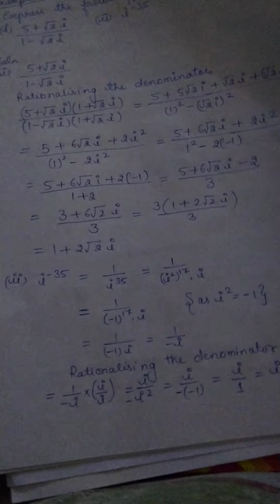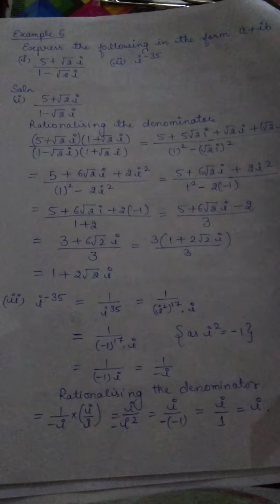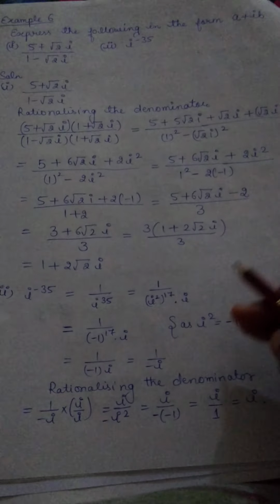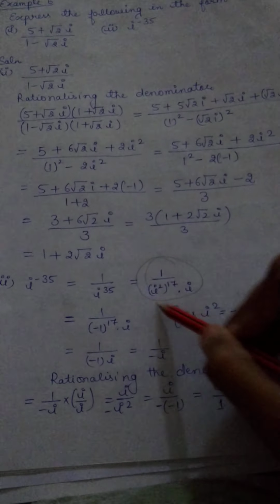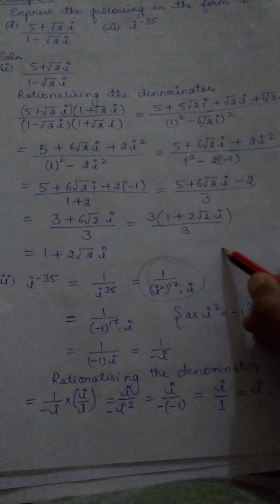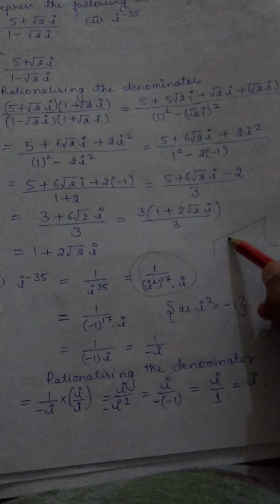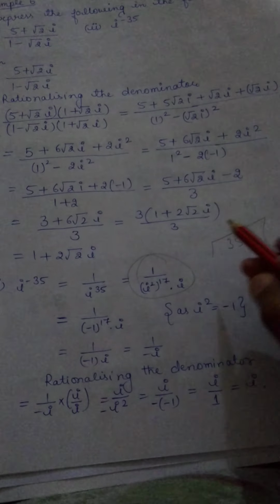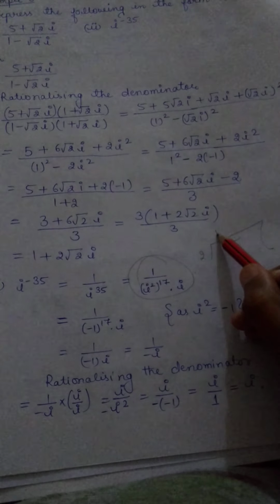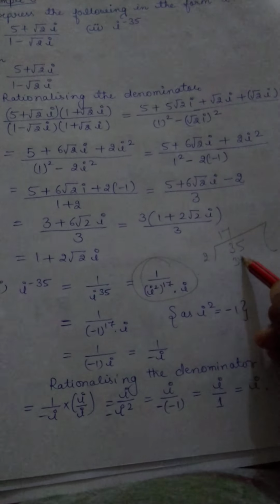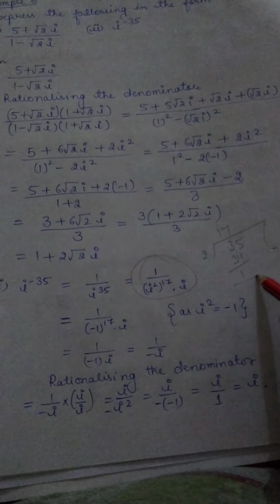And after this bache, this was your example 6. This already I have told you. I have told you how to express something in this form using the division sign. This power you have to write down over here, 35 divided by 2, you will get 17 and you will get bacha 1 in the denominator.